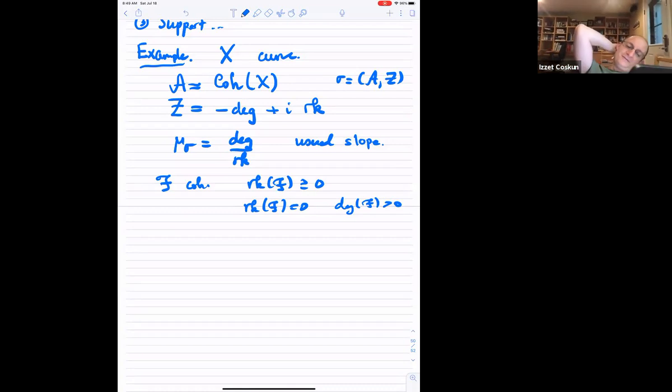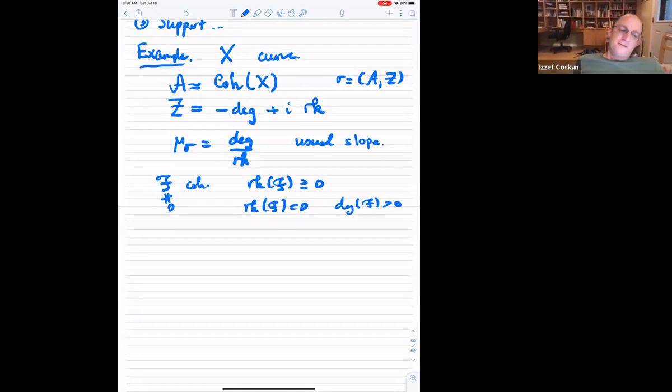But if the sheaf is non-zero and has rank 0, then the degree is positive. So you see that Z is positive, and the Harder-Narasimhan property is the usual Harder-Narasimhan filtration for coherent sheaves. Okay? So you get an example, which is the familiar example in the case of a curve.